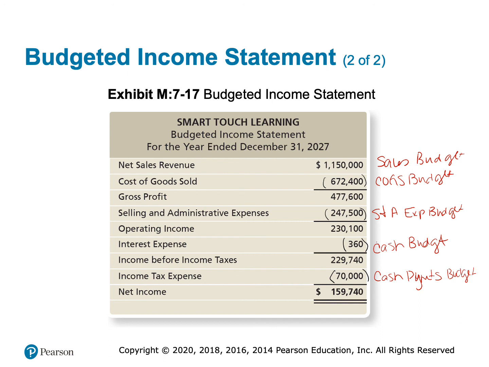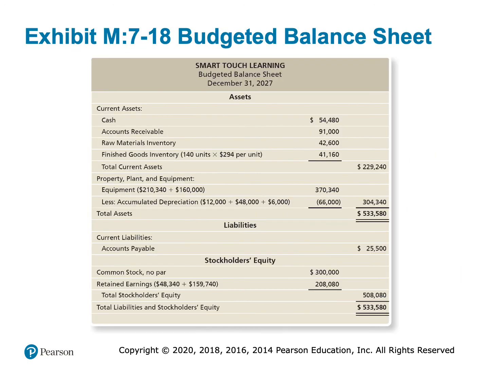So from here, we could do a budgeted statement of retained earnings. We'll definitely look at our budgeted balance sheet. So our ending balance in cash, this 54,480, this came straight off the cash budget. The accounts receivable came off the schedule of cash receipts. The raw materials inventory, this came off of the direct materials purchases budget.